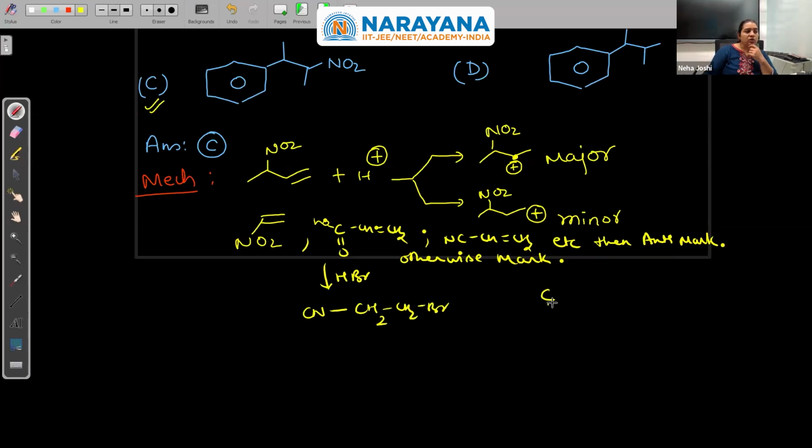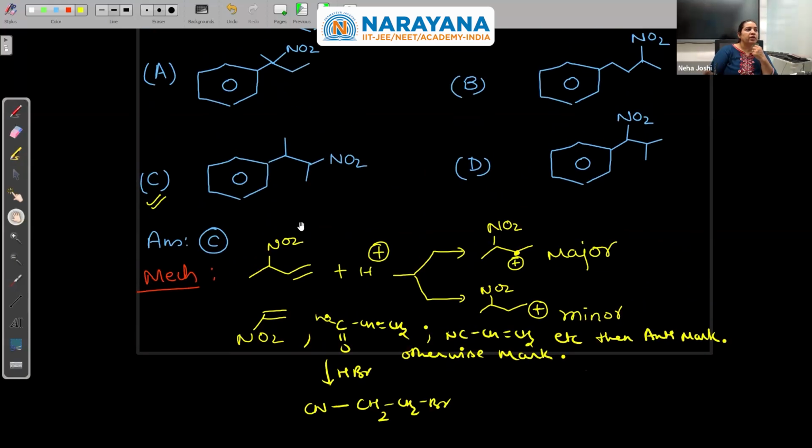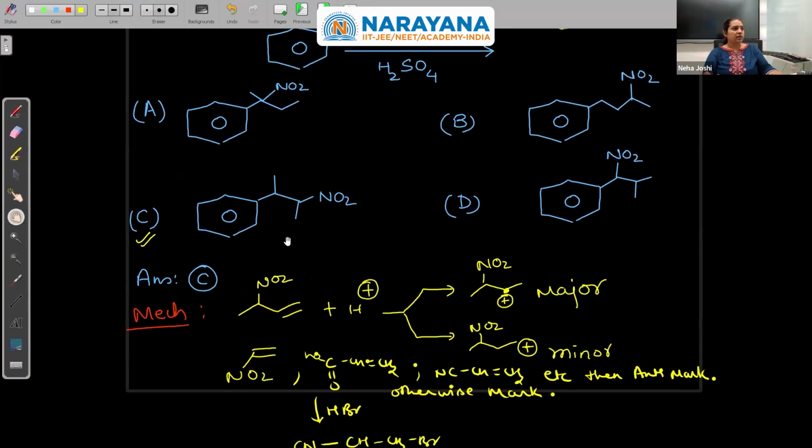And the reason is the resonance. CH=CH2, right? You can see how it is behaving. Br minus will attack here like this. But if one bond is there in between, then do not take anti-Markovnikov, take Markovnikov. This type of attack. Absolutely clear.